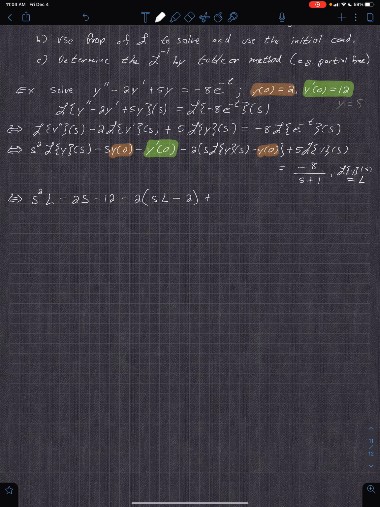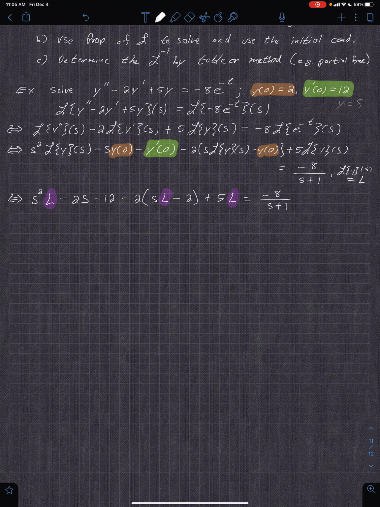And that's then plus 5 times L, equal to negative 8 over s plus 1. Okay, like that. So now we look at our L's here, here, and here, and we can expand, collect like terms and factor out the L, and then solve for it, because that's your answer, and then you just take the inverse transform of that.